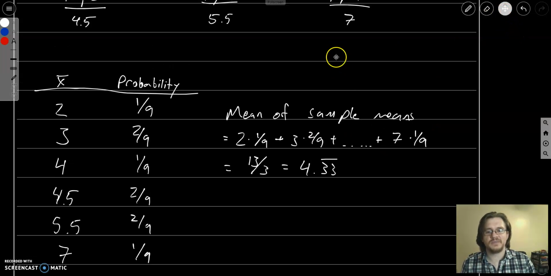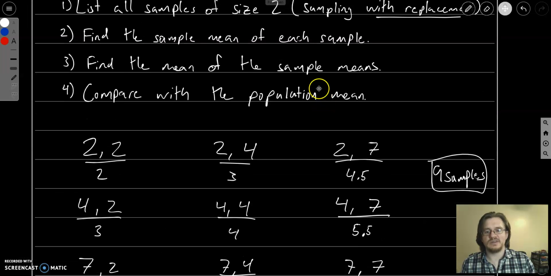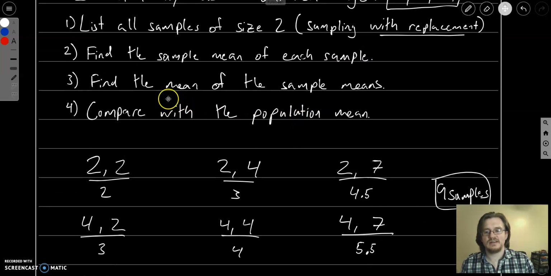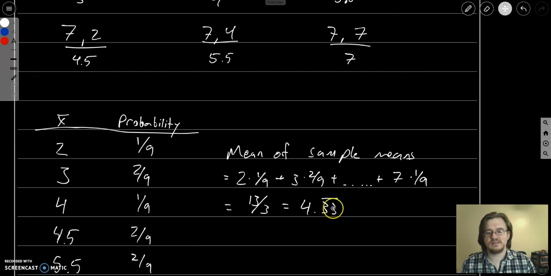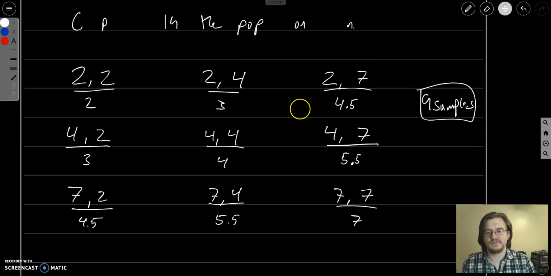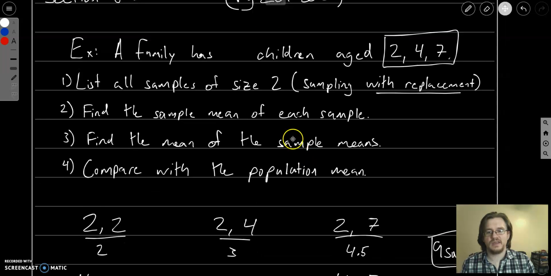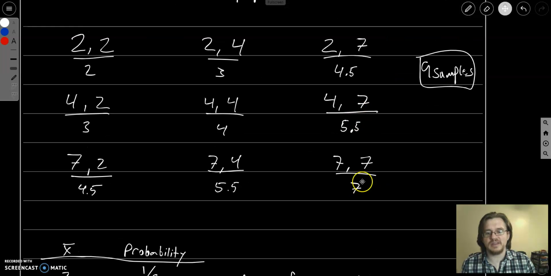So now, we want to see, is that a good estimate for the population mean? So we found the mean of all the sample means to be 4 1/3. But is that close to the population mean, the mean of everything in the population?